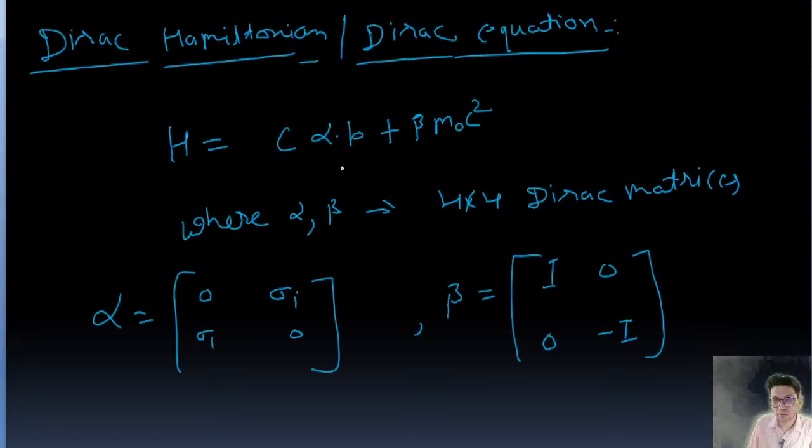Since we know H psi equal to E psi, right, and the Dirac Hamiltonian is this, this is going to be H psi equal to E psi.